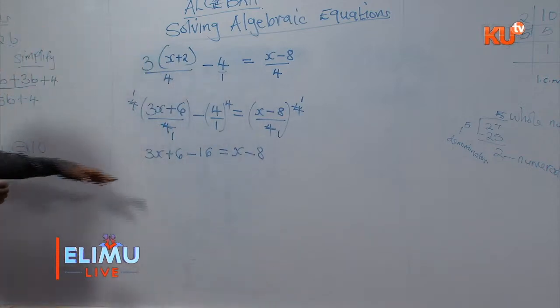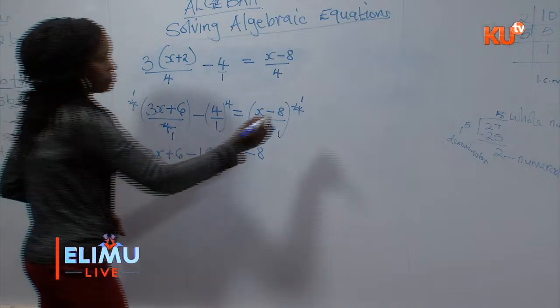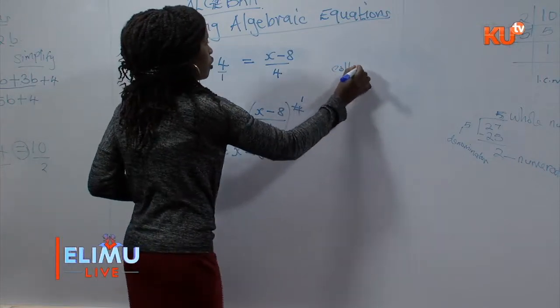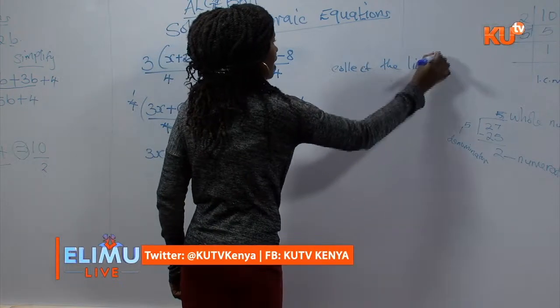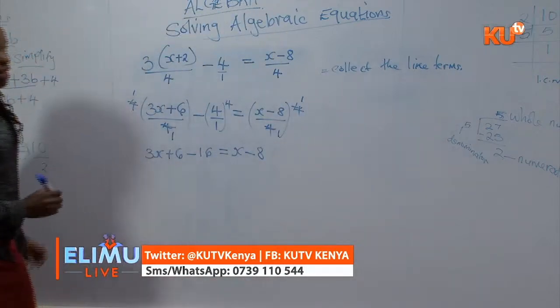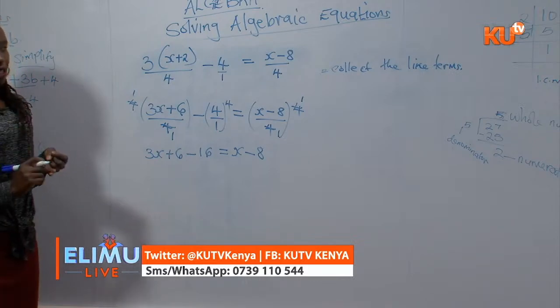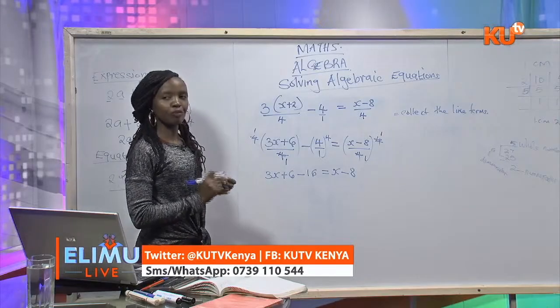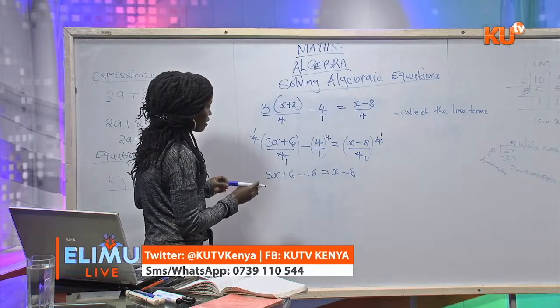After you have opened up the bracket, you collect the like terms, that is, putting the like terms together. One thing we should remember: we don't move big numbers, we move the small numbers, so that is easier.